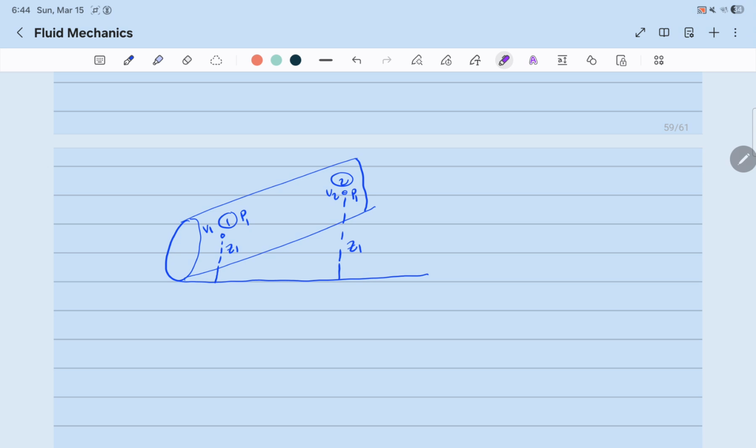Another example is the continuity equation, which is the conservation of mass, which also states that mass at point 1 must equal the mass at point 2. Which can also mean that the mass flow rate at point 1 equals the mass flow rate at point 2.